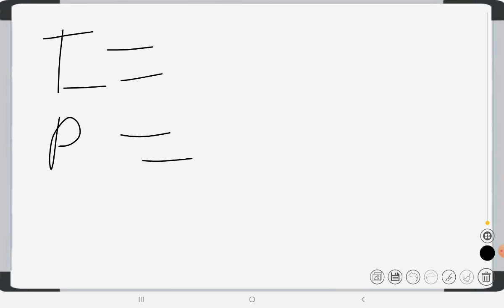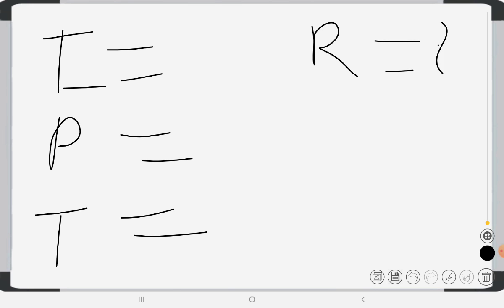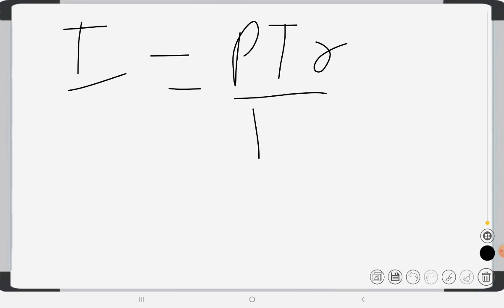Now we need to look at another one. If I is given, P is also given, T is given, how to find R? There is another formula to find the rate of interest, that is R. We know our original formula, I is equal to PTR by 100.